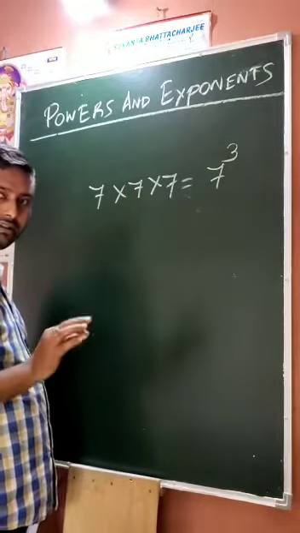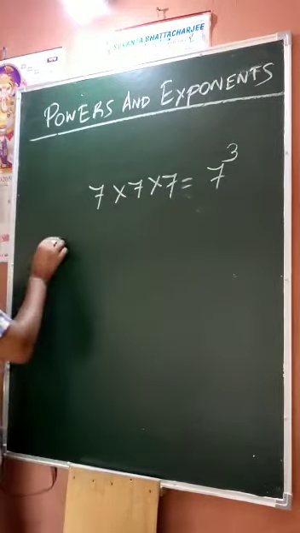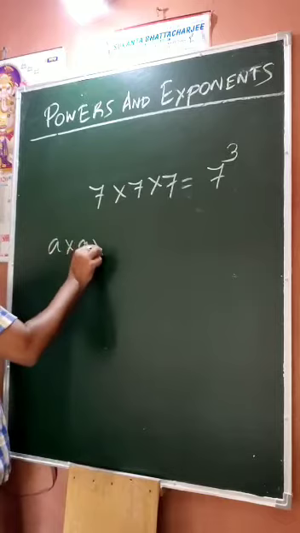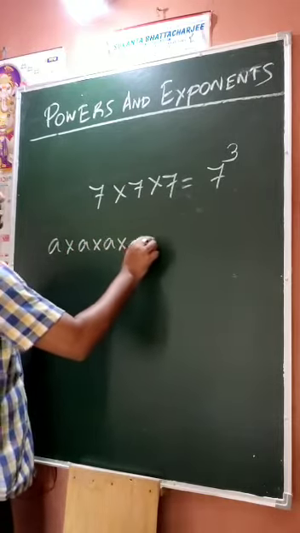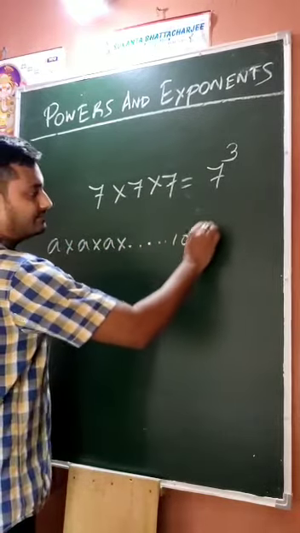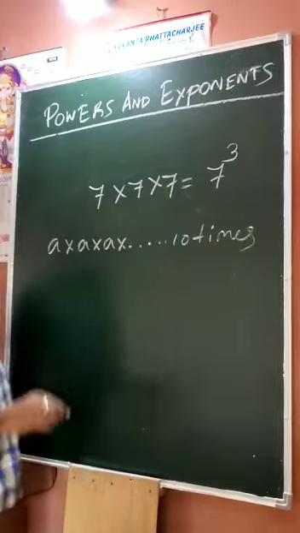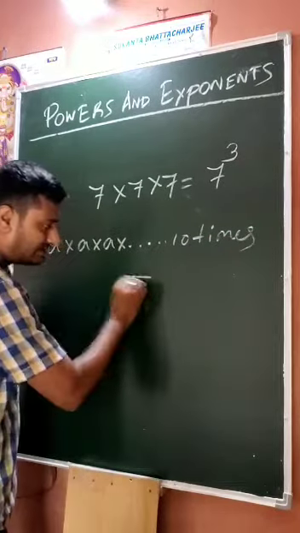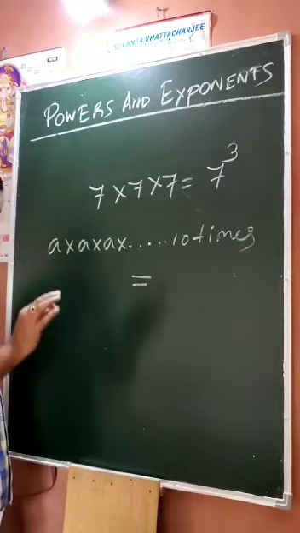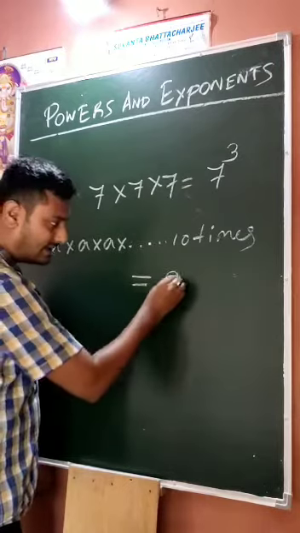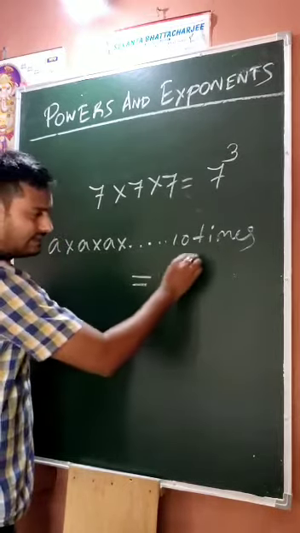Clear? Suppose you multiply a 10 times. a into a, 10 times. So which can be written in the exponent form? Which number you multiply? a, and how many times you multiply? 10.